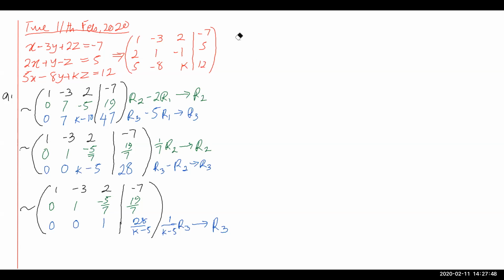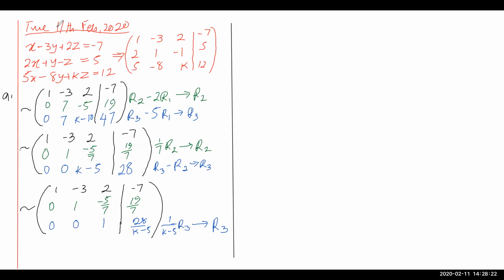How do we do that? Anyone? For one value of k, the system has no solution. How do we achieve that? Talk to me, please. If the fraction is undefined, then there's no solution, right?